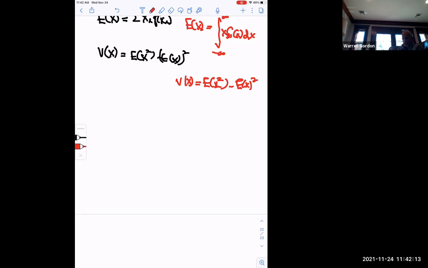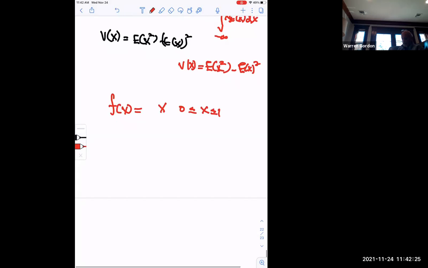For example, consider the following function. f of x equals x, for x between 0 and 1, 0 between 1 and 2, 1/2 between 2 and 3, and 0 elsewhere.